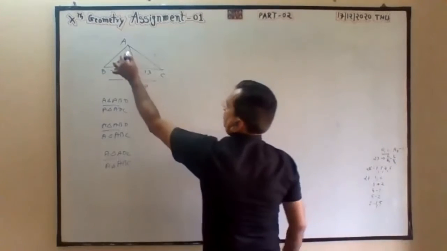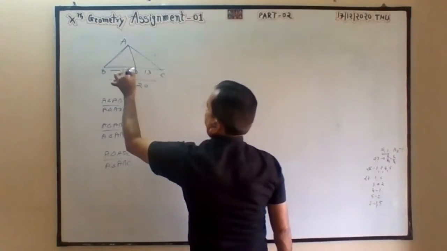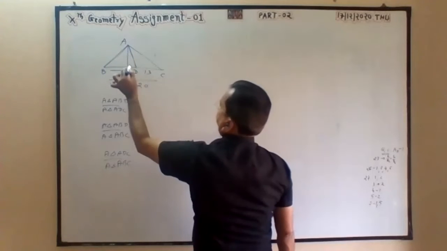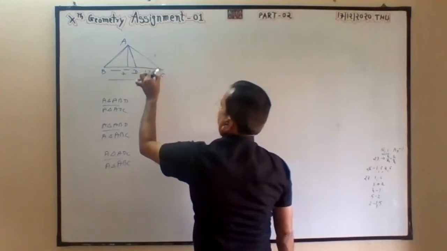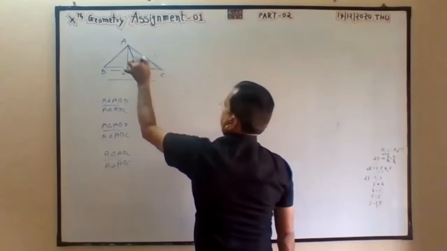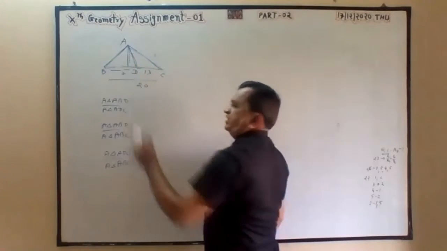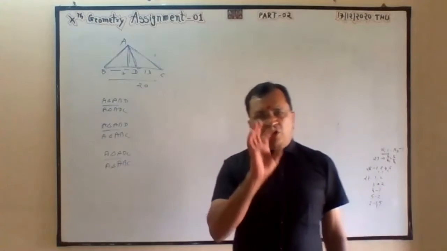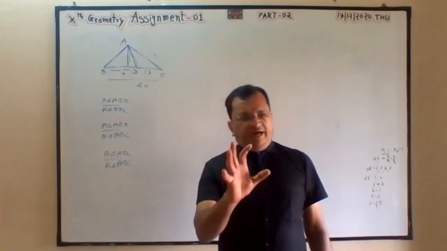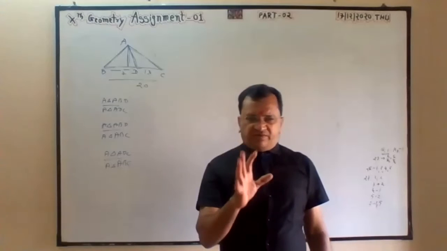For triangle number 1, ABD, height is the same. For triangle number 2, ADC, height is the same. For triangle ABC, also the height is the same. So for all three triangles, heights are common, or you can say equal.